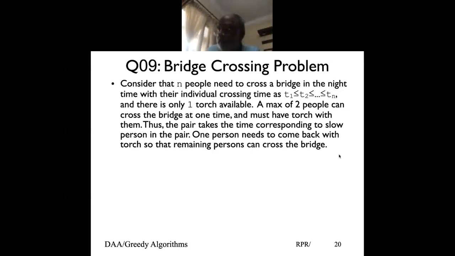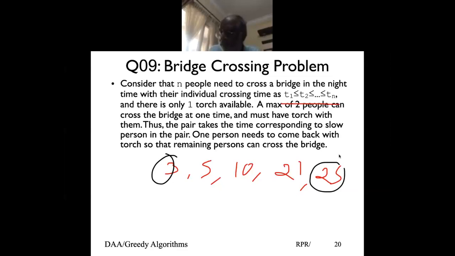So when n people and their times are given, let's say the times are 3, 5, 10, 21, 25. Now if person number 1 and person number 25 walk together, both will take 25 seconds because they have to walk together with the torch.